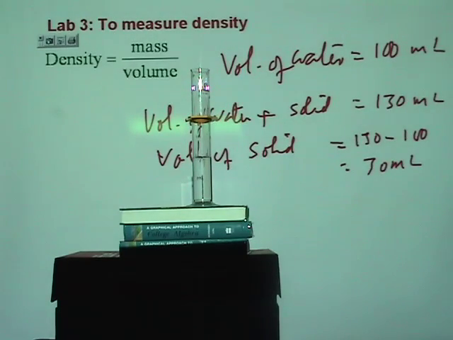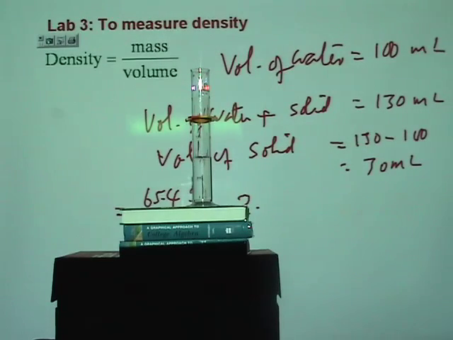Now, I have the volume and I have the mass. What is the mass I have? You can see density is mass divided by volume. Mass, I had 65.4 gram, and the volume is 30 milliliter. What do I get if I divide 65.4 by 30? 65.4 divided by 30 is 2.2.